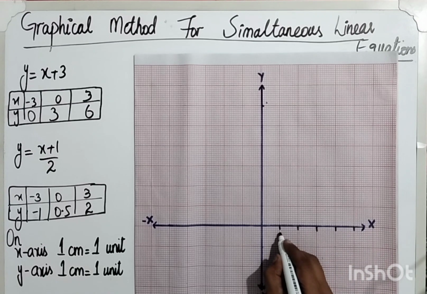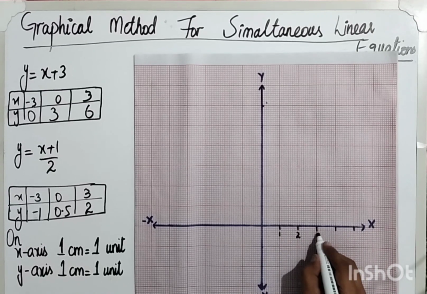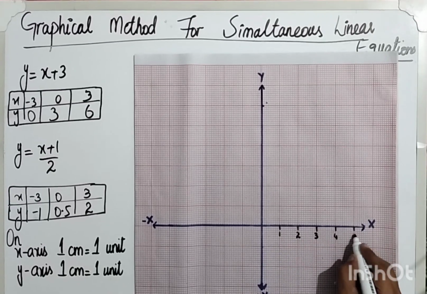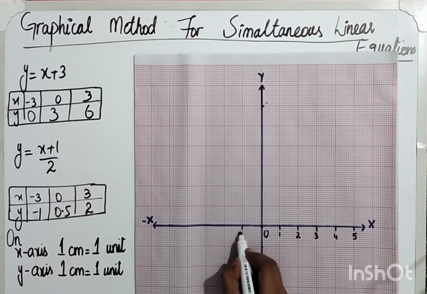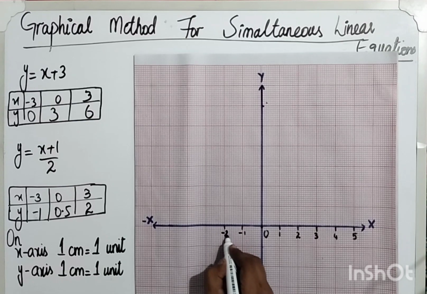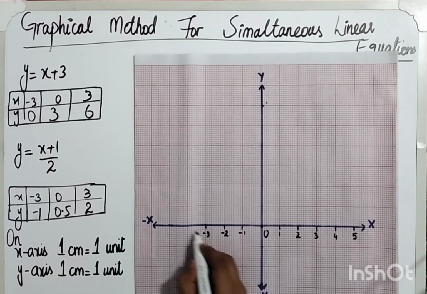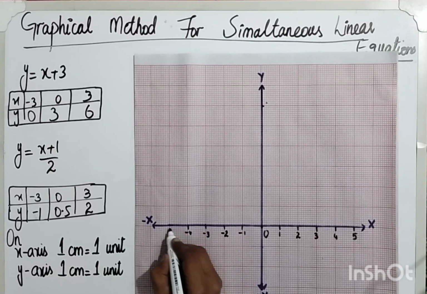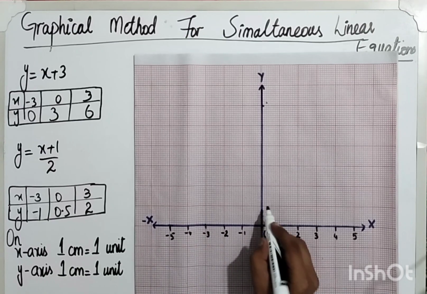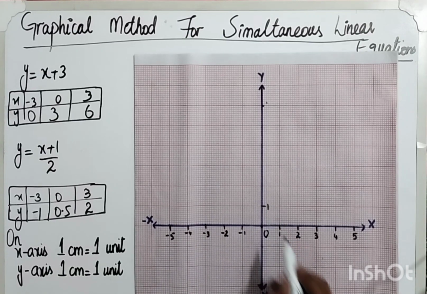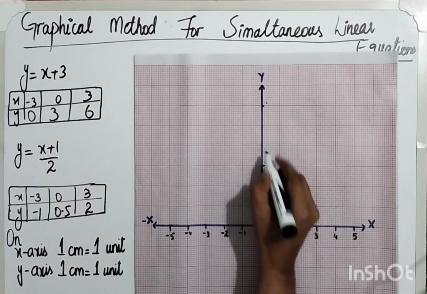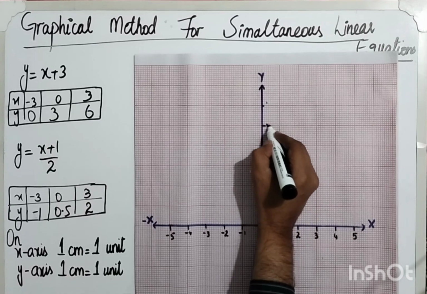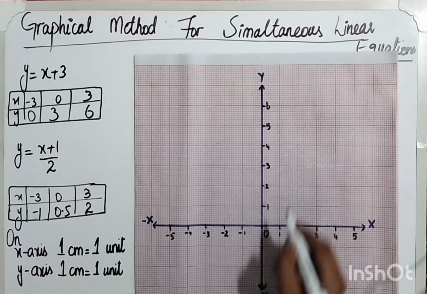On the positive x-axis, these are positive values 1, 2, 3, 4 and 5, and this is our origin, so it's going to be 0, then -1, -2, -3, -4, and -5. And over here I'm taking the positive values as 1, 2, 3, 4, 5, and 6.